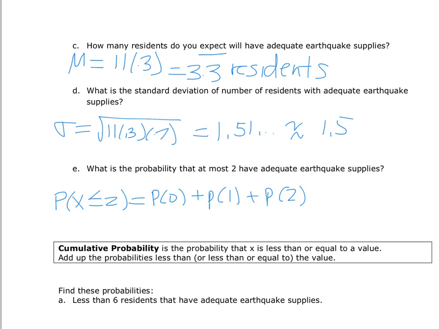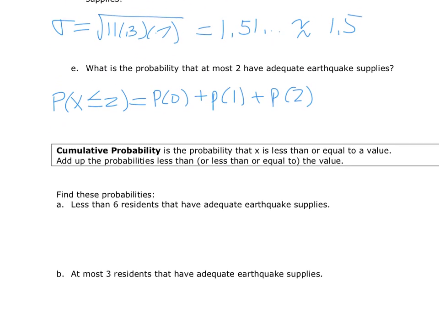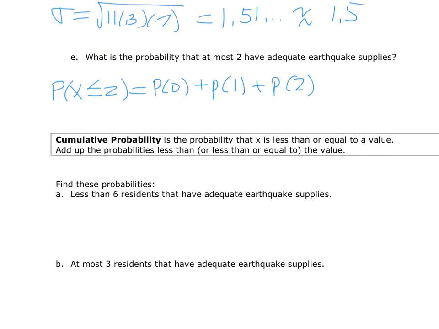It looks like we have to use that formula 3 times and then add those 3 things together, and that would work. But this is what we call a cumulative probability, the probability that x is less than or equal to a set value. To find that, you add the probabilities up for the values of x less than and equal to that value, just like we did in part E.